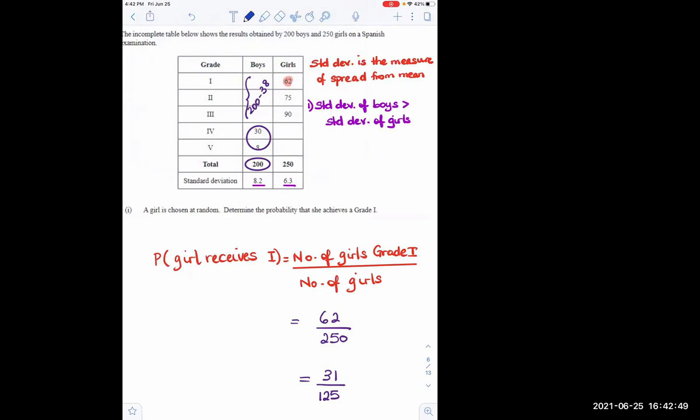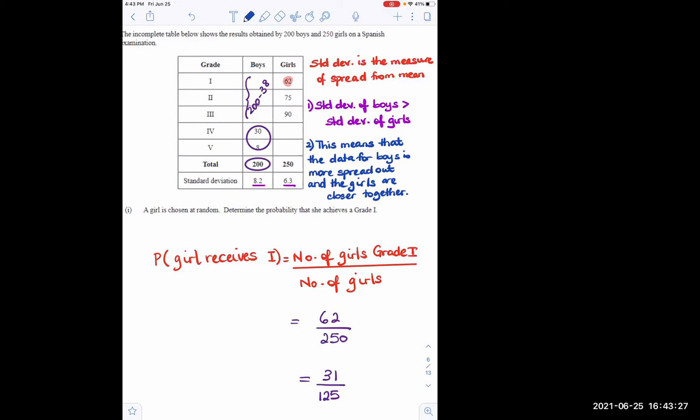The second thing is, this means that the data for the boys is more spread out, and the girls are closer together. 2 marks, you need to write 2 things.